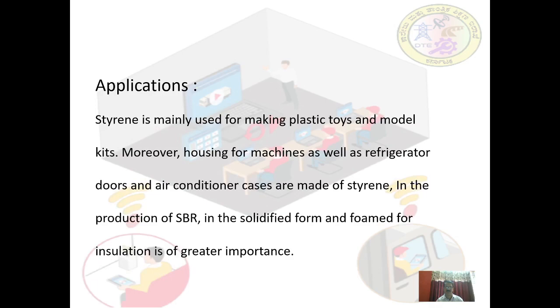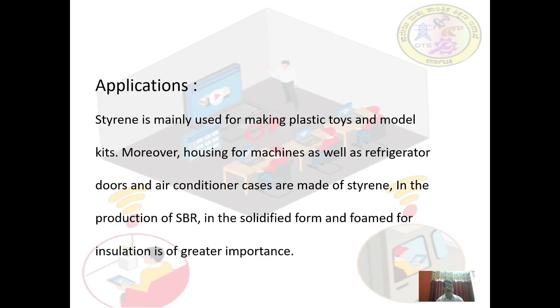Moreover, housing for machines as well as refrigerator doors and air conditioner cases are made of styrene. In the production of SBR, that is synthetic rubber, styrene butadiene rubber, in the solidified form and foamed for insulation is of greater importance.